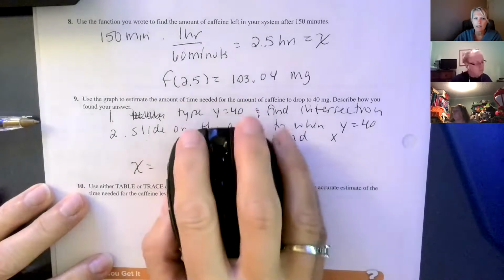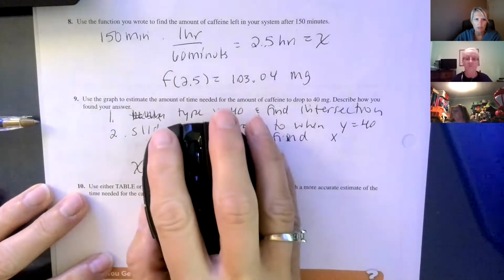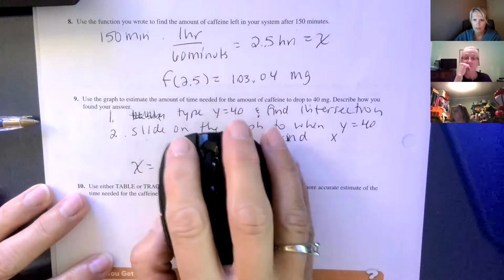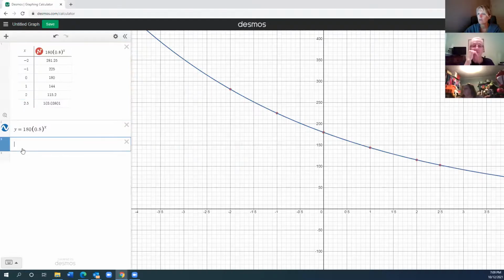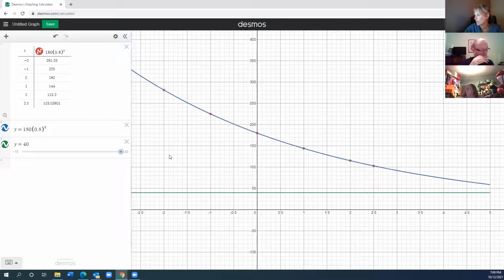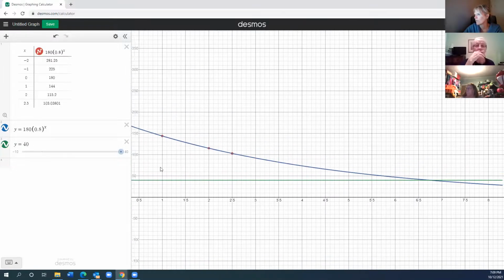The other way is if you go to Desmos and in a new line right here, you type Y equals 40. Then I'm going to scroll over so I can see the intersection here.